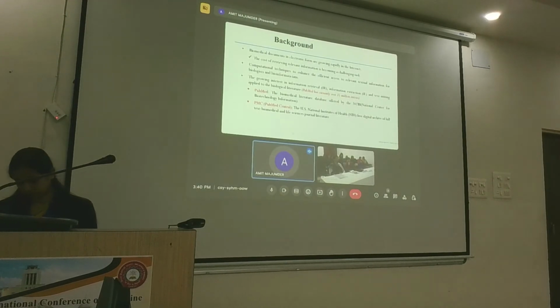This PubMed Central contains the full text biomedical data in the format of journal literature. And currently, it has been said that PubMed has over 35 million entries, meaning articles in medical literature.